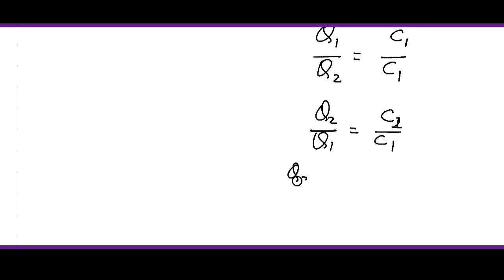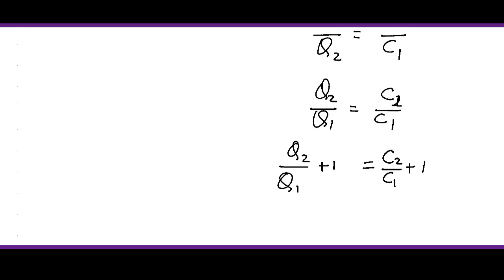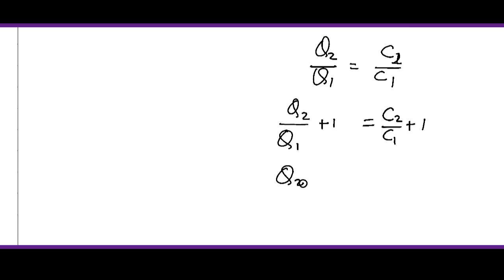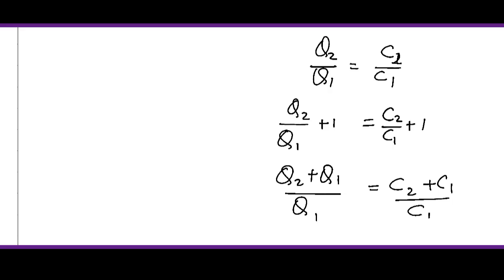So we are trying to find q1 plus q2. If we add 1 to both sides, then in the upper part it will be q1 plus q2. So here we can write q2 plus q1 divided by q1, and here we can write c2 plus c1 by c1. In the question, q1 plus q2 is given, that is q, and c2 and c1 are also given, so we need to find q1 only.